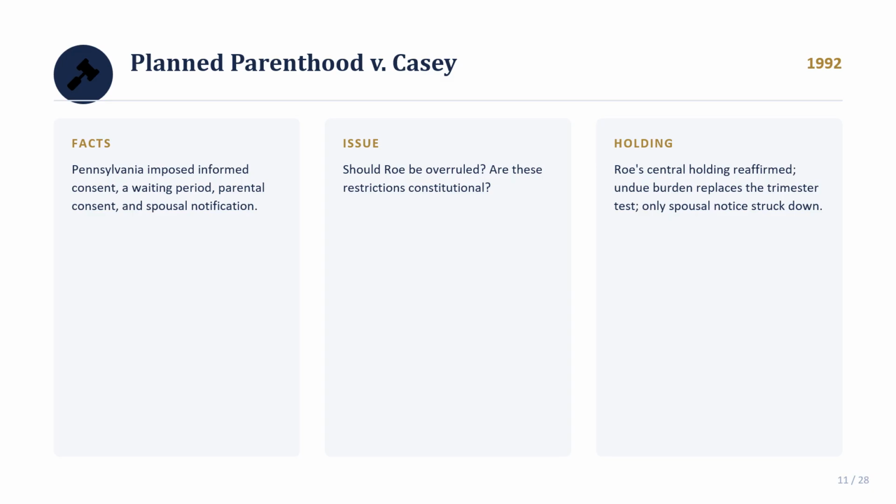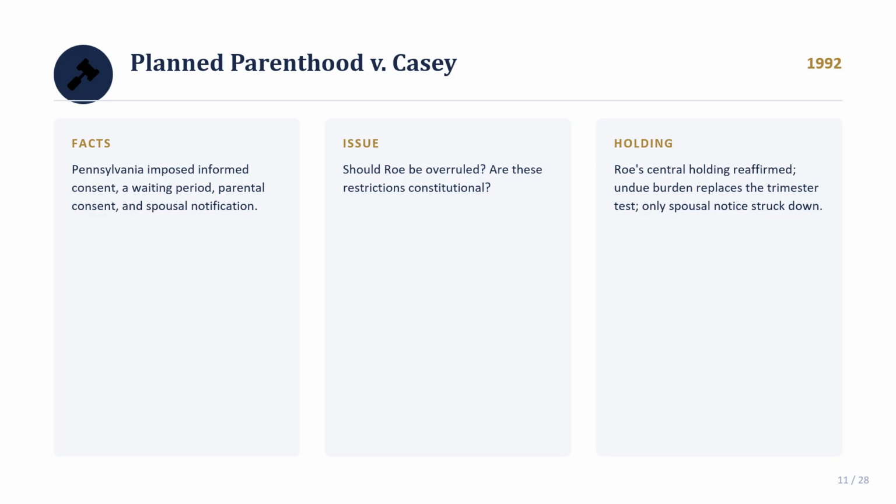Now, notice that Casey actually presents 2 distinct questions stacked together. So we have a question about precedent itself, and then a question about the specific regulations at issue. That structure matters because the court's answer to the 2 questions turn out to be different in an important way. Okay, so the holding was Roe's central holding was essentially reaffirmed.